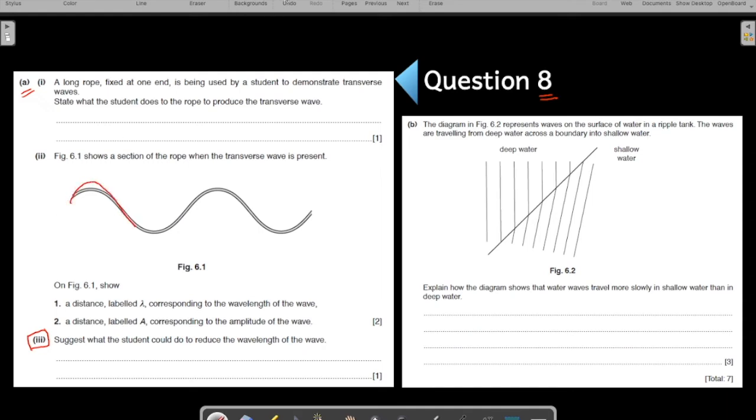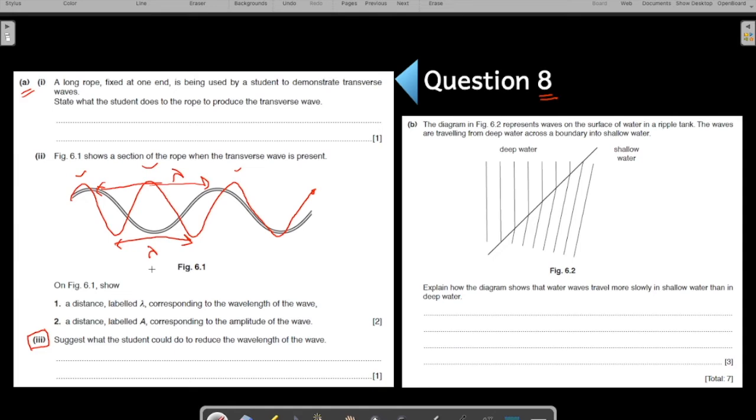More number of waves present on the same rope will reduce the wavelength. If you see the red lines, you have more number of waves now present. The wavelength has gone down as compared to the previous wavelength. This was the previous wavelength. The wavelength has gone down.